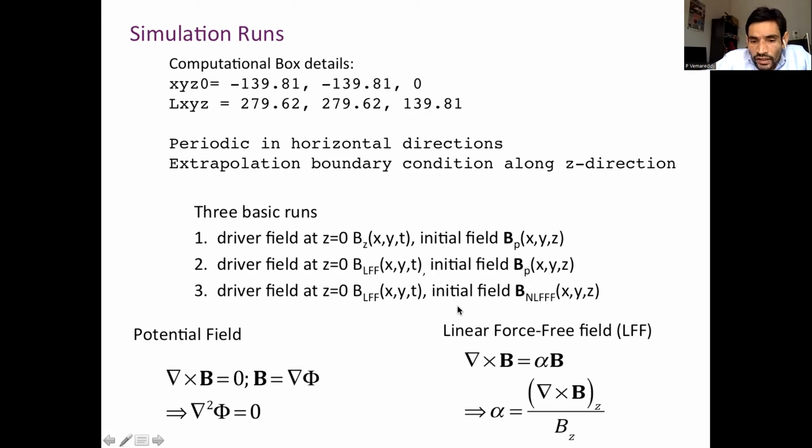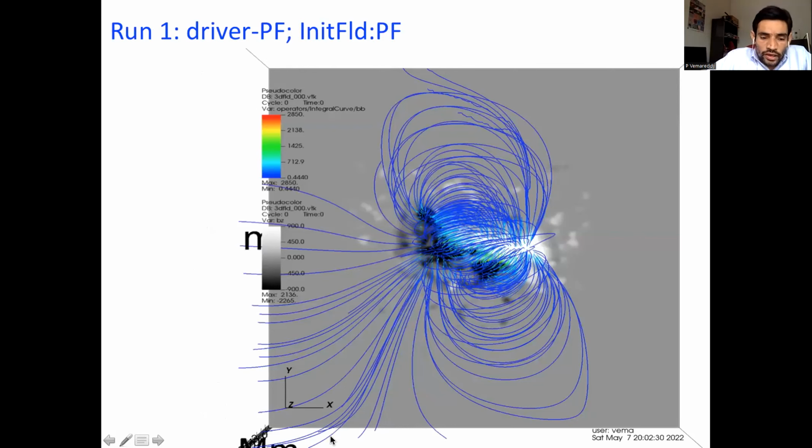The third one is where the initial field is a nonlinear force field, which is already a highly twisted structure that resembles the coronal magnetic field seen in observations, and that again we drive with the linear force field. So these three runs we can do. In this presentation, I present only the first two runs. So let me run this animation.